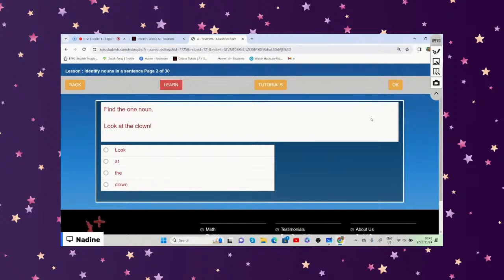We need to find one noun. Look at the clown. So is it look at the or clown? Remember, look is something that you're doing. So that is a verb.